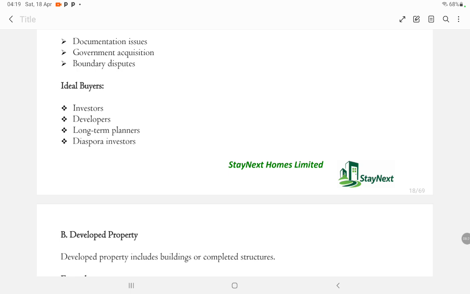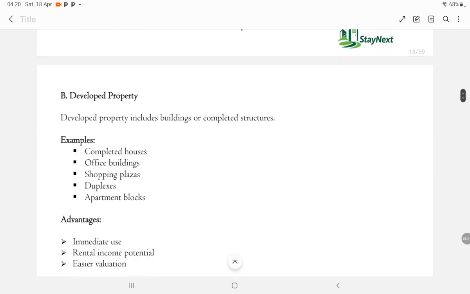If the person says they want residential, you give the person land in an estate or residential areas where the person wants. And if the person emphasizes security, as a consultant, you give the person an estate, because every estate is secured. Before you enter, you have a gate pass. So it's very important. You need to know how to advise your client on what to do and what not to do.